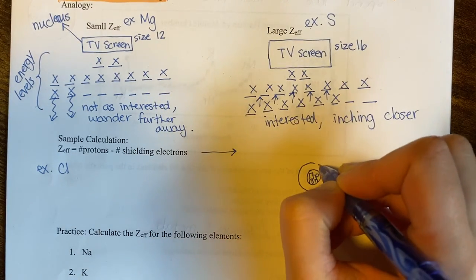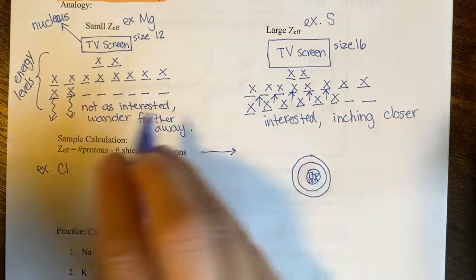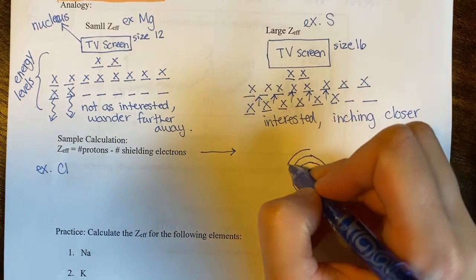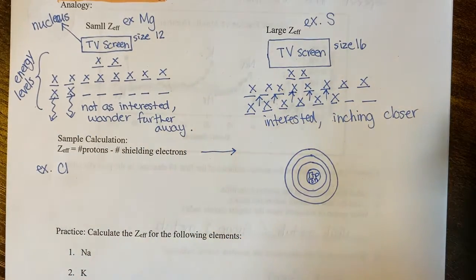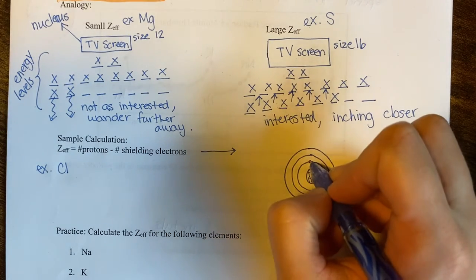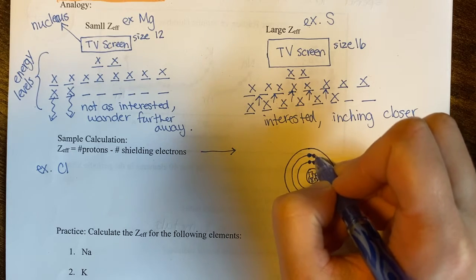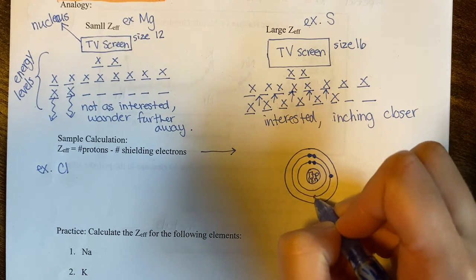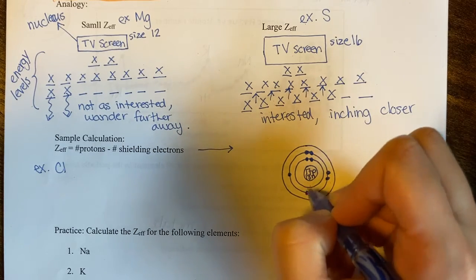It is in the same row on the periodic table as sulfur and magnesium. So it's going to have 3 orbitals, or 3 shells. And we can put the electrons in. It's got 17. So 1, 2, 3, 4, 5, 6, 7, 8, 9, 10.